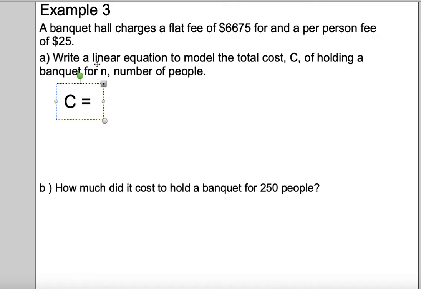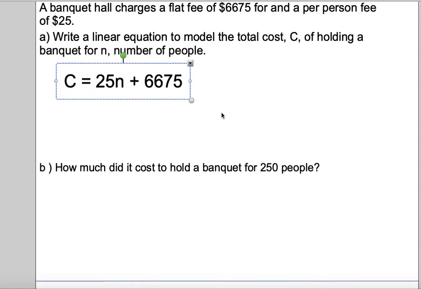How much is it per person? That fee is $25 per person, and you have to pay a flat fee of $6,675. This is going to give you the formula based on the explanation up here.